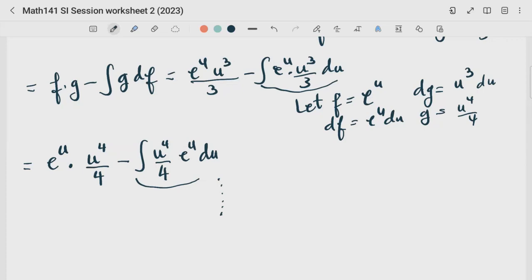So it doesn't seem as if integration by parts gets you to the answer.